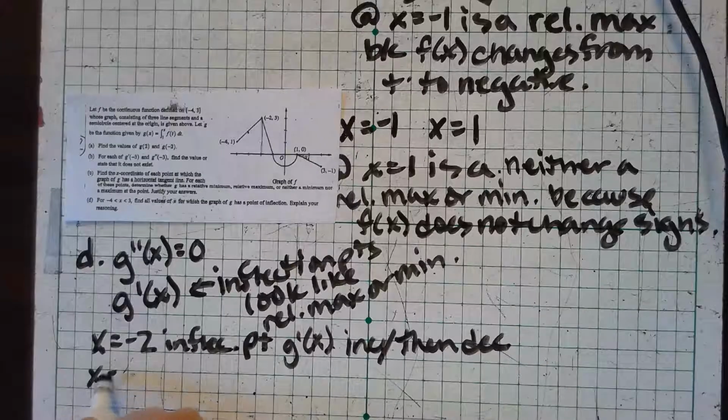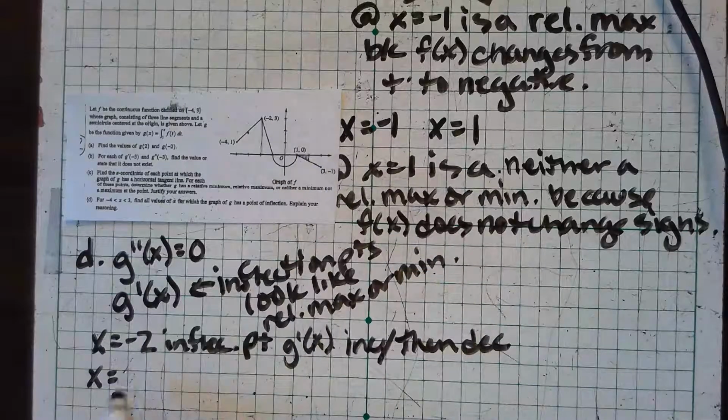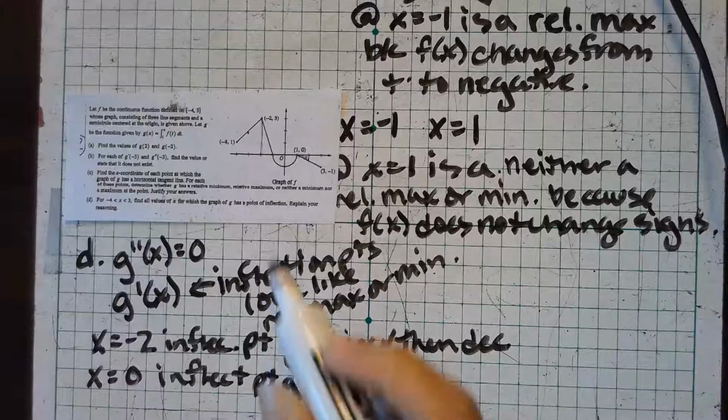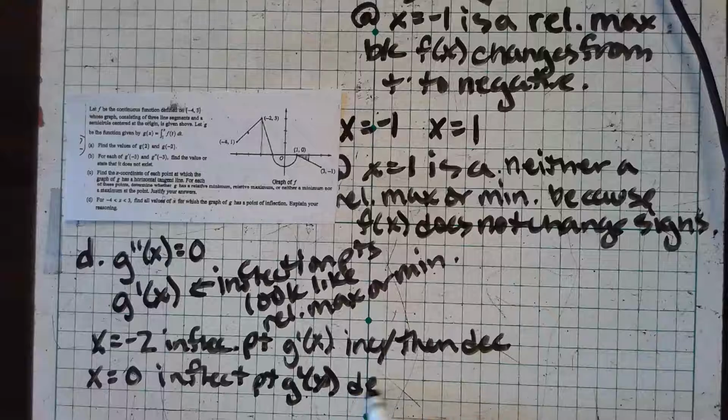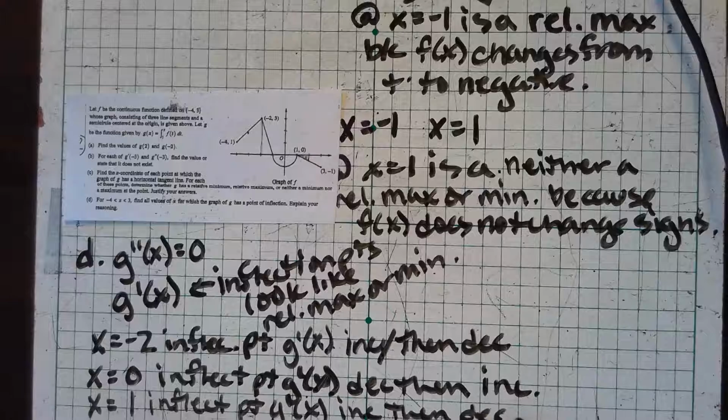Also, where's the lowest point? Right here at x equals 0 is an inflection point because G prime of x decreases, then increases. And then also at x equals 1, it's an inflection point because G prime of x increases, then decreases.